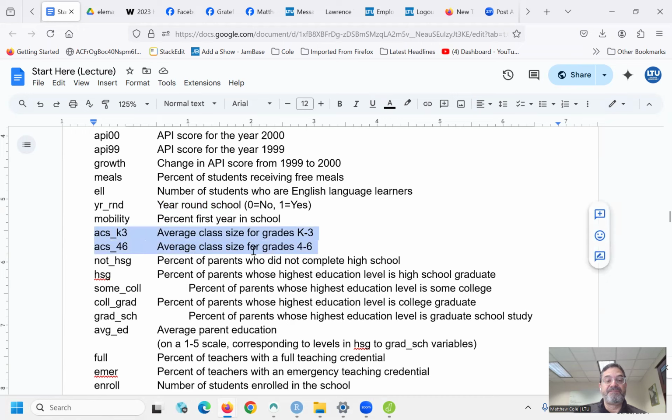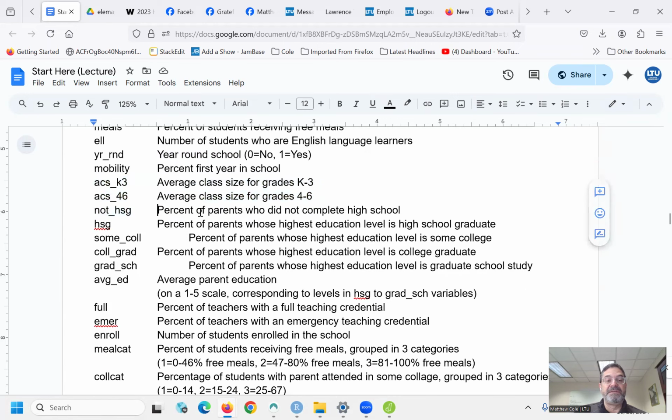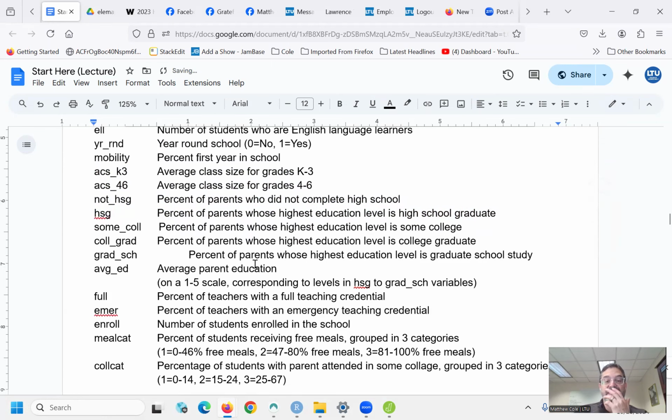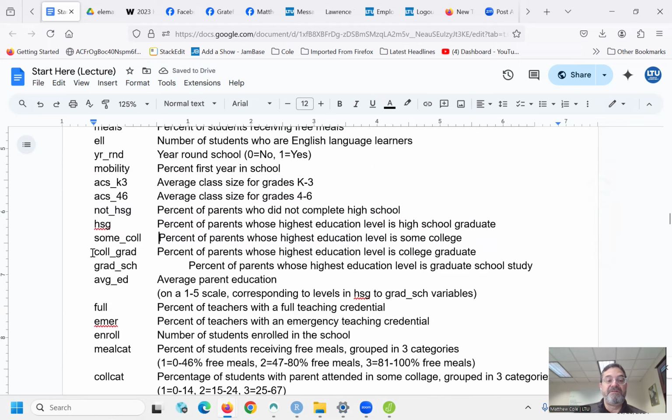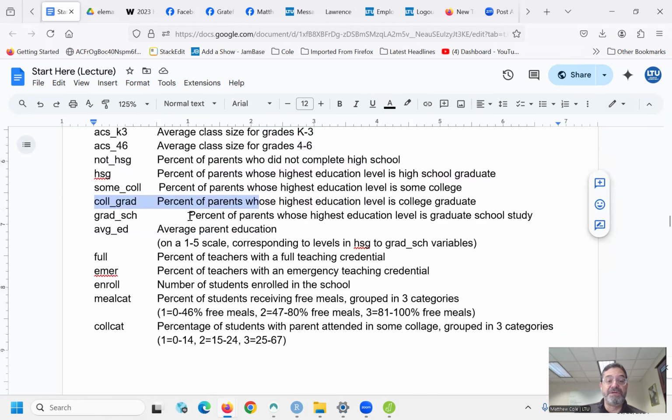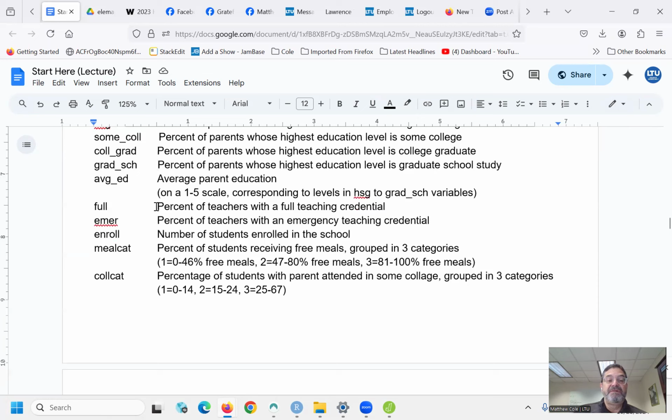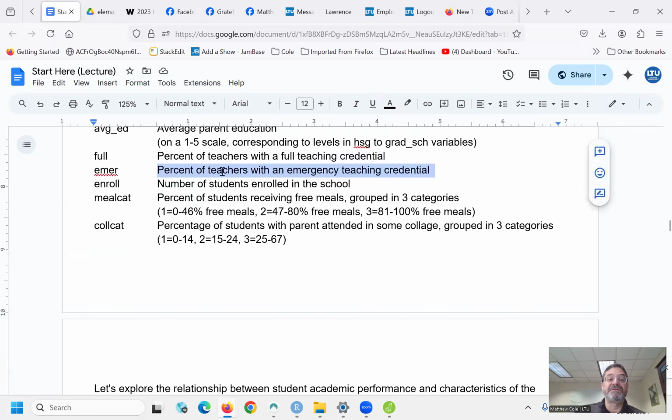Class sizes, percent of parents who did not complete high school, percent of parents whose highest education is high school, percent of parents whose highest education is college, percent of parents whose highest education is college graduate, percent of parents whose highest education is graduate school, and an average parent education, percent of teachers with a full teaching credential, percent of teachers with an emergency teaching credential, number of students enrolled in the school, percent of students receiving free meals.